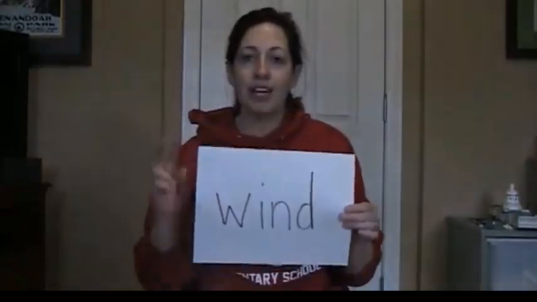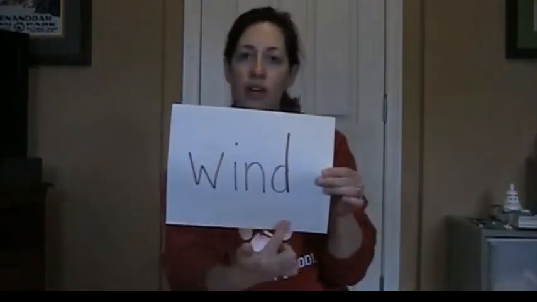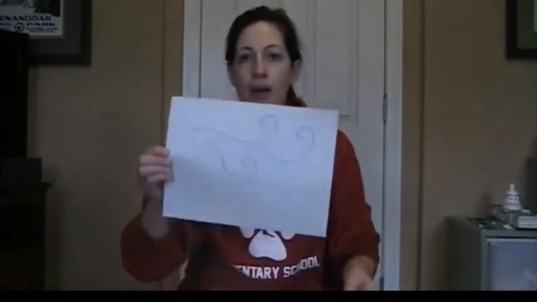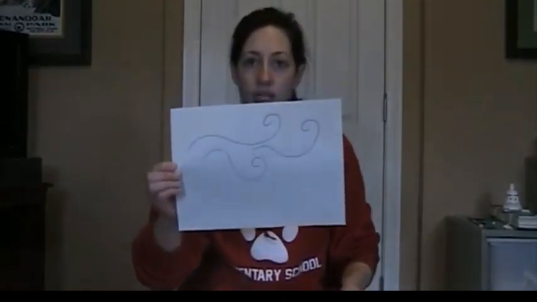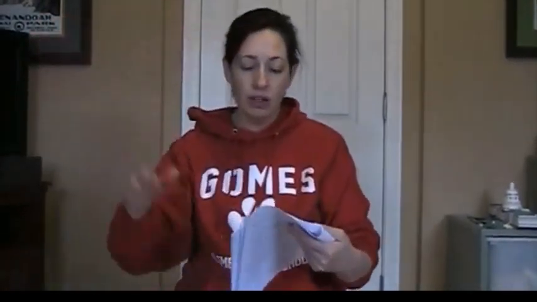Alright? The example they give in the packet is wind. So at the top of the packet, it gives you the example of this word, wind. This one can actually be said two different ways, depending on what it means. So they might be talking about the wind that blows outside. In the packet, it gives the definition of air moving, okay?